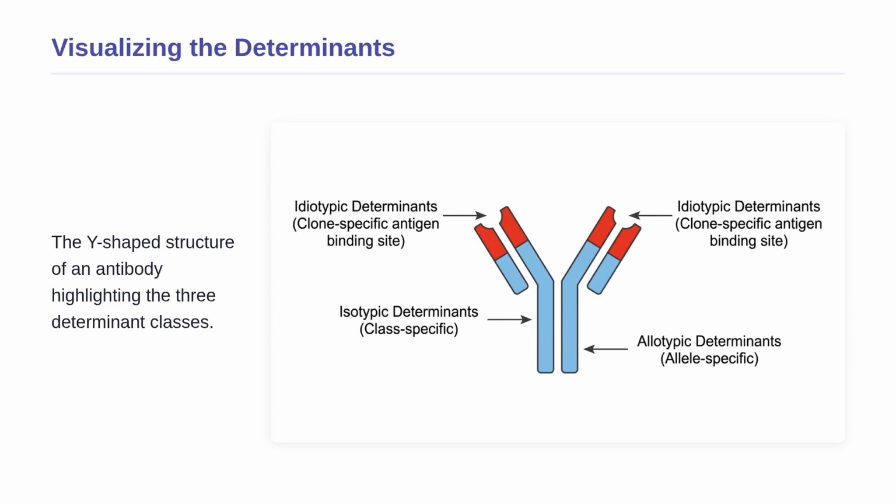Moving down, the light blue regions making up the rest of the arms and the main stem represent the constant regions. This is where we find both the isotypic determinants, which define the antibody class, and the allotypic determinants, which carry the subtle genetic variations between individuals.